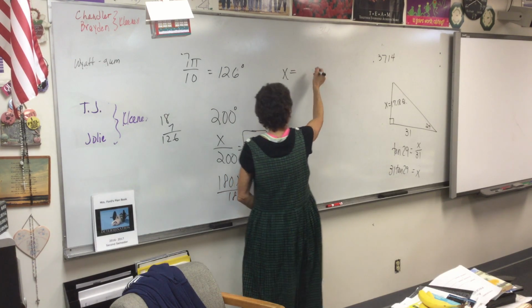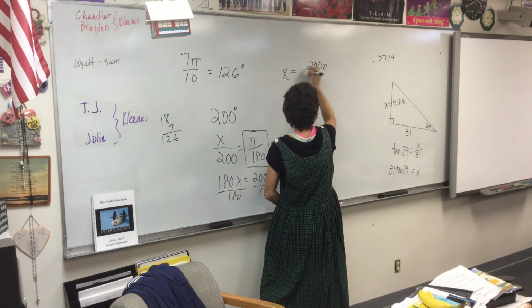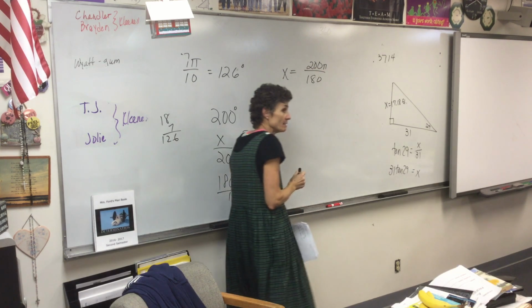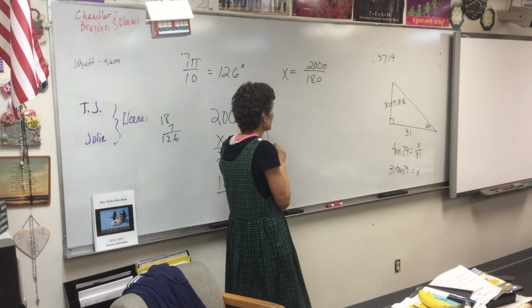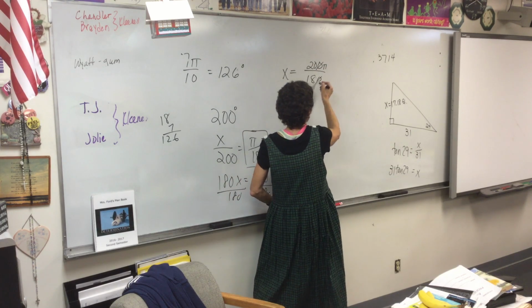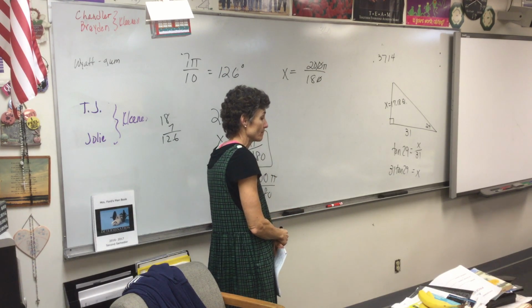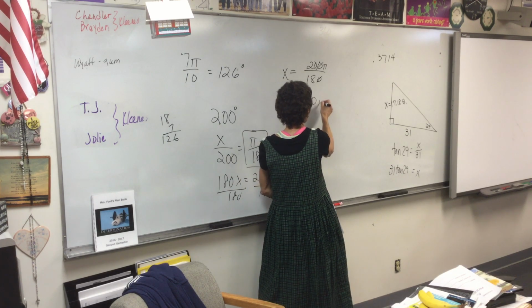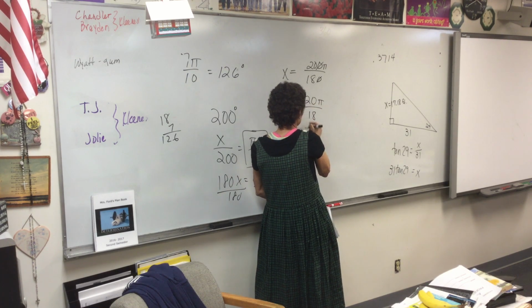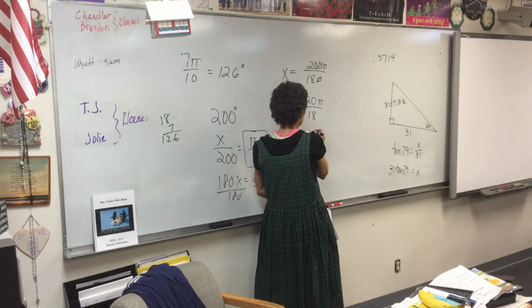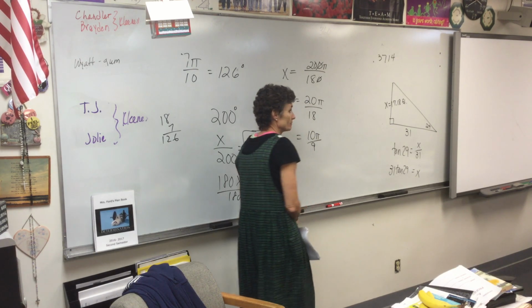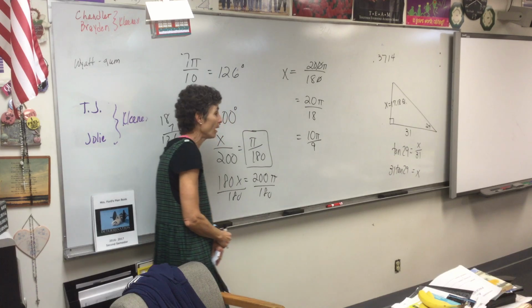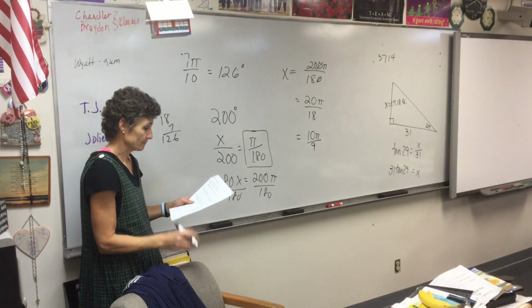So x equals 200 pi divided by 180. Now you need to reduce that. Look, the zeros are going to cancel. So you have 20 over 18. 2 goes into both. 10 over 9? There's your answer. 10 pi over 9.